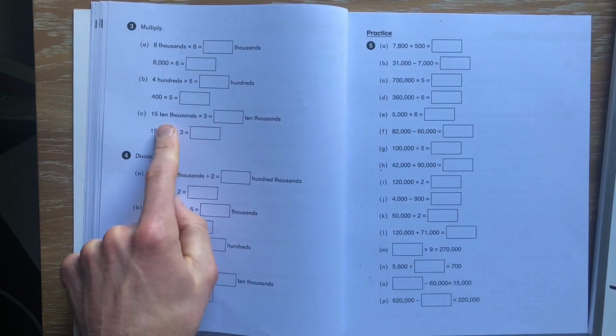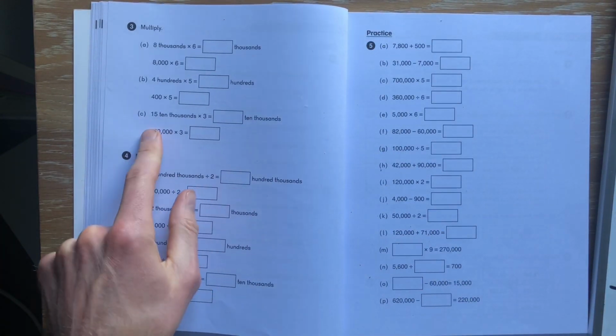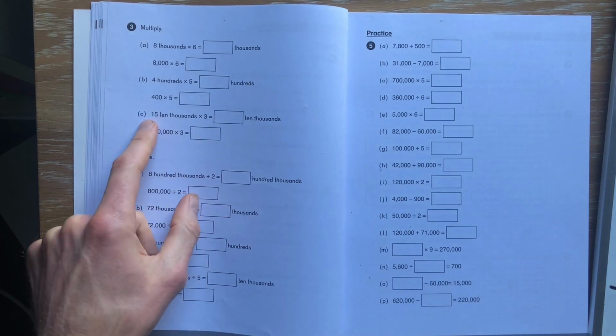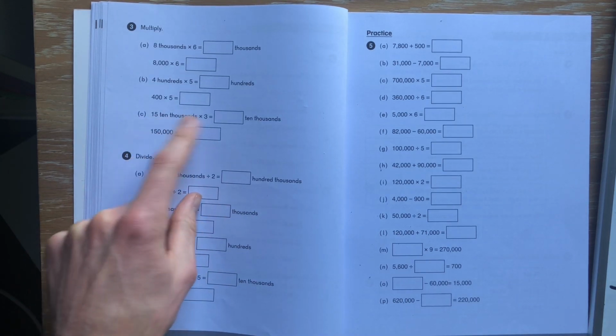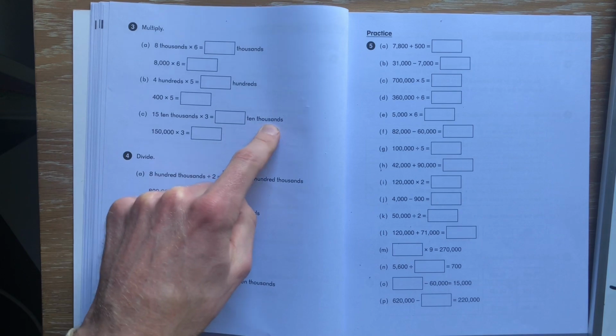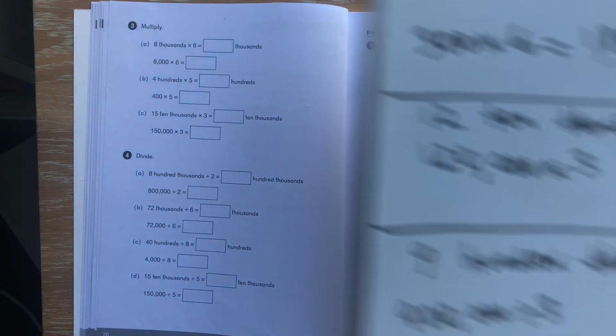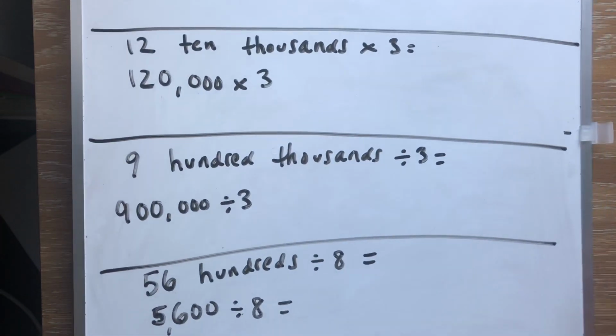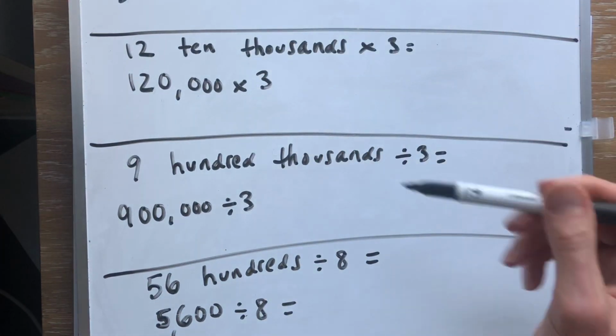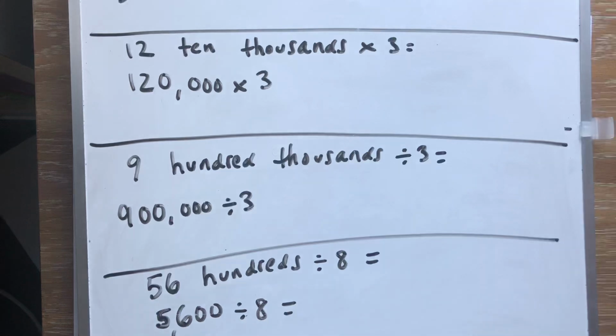Okay, and then we've got another one: 10 thousands. That's always the trickiest one for me. And they're getting bigger numbers too. 15 10 thousands times 3. How many 10 thousands is it? Well, what's 15 times 3? In this case, I'll work out 12 10 thousands times 3. What's 12 times 3?